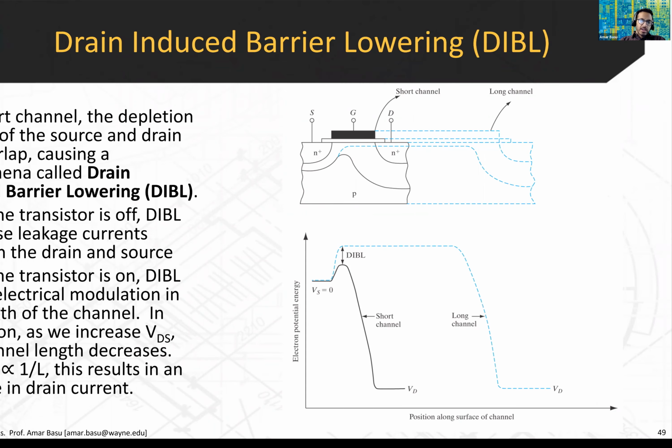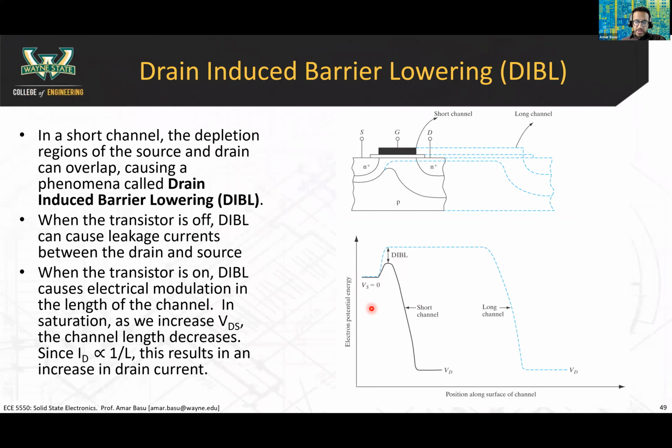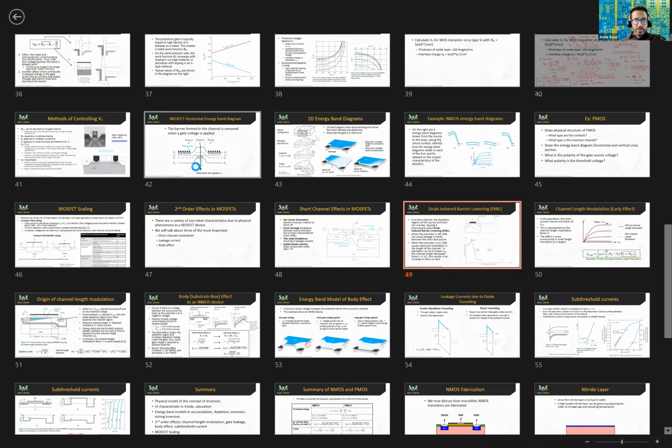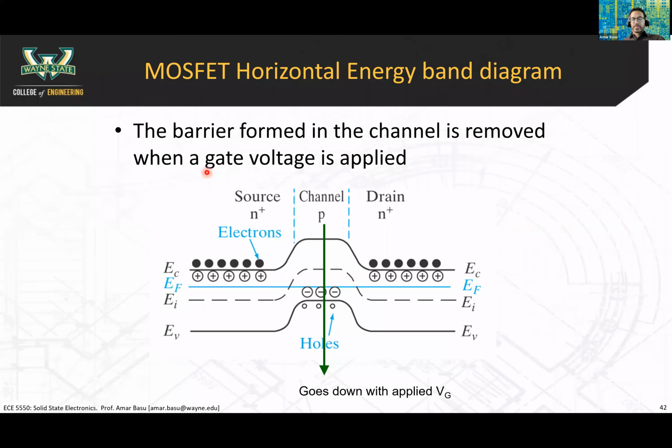In order to understand this, I want to quickly review one of the things that we covered in class last time. And that is the horizontal energy band diagram of the MOSFET. This band diagram is not the typical MOS cross-section that we've done earlier.